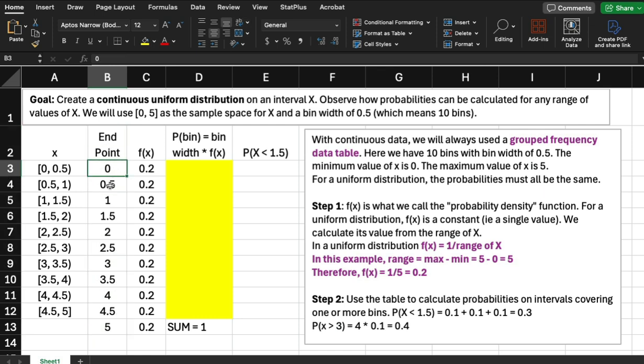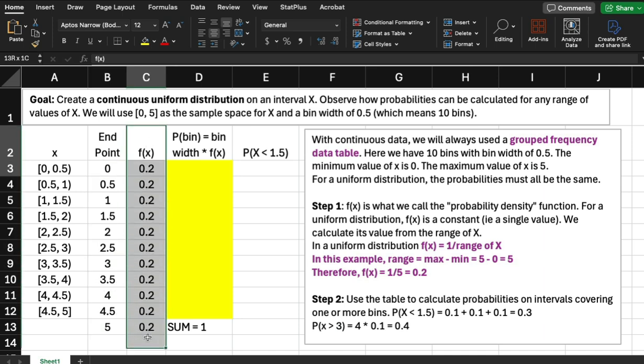The endpoints are basically the very first number that you see in each bin. You do that all the way down to 4.5, but then you also go one more row and end it at 5. That would be just for graphing purposes. If you asked Excel to graph this, it would start at x equals 0 and end at x equals 5, and it would not go past that point.